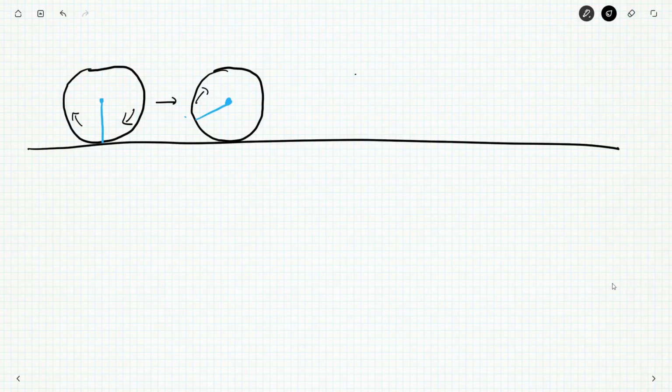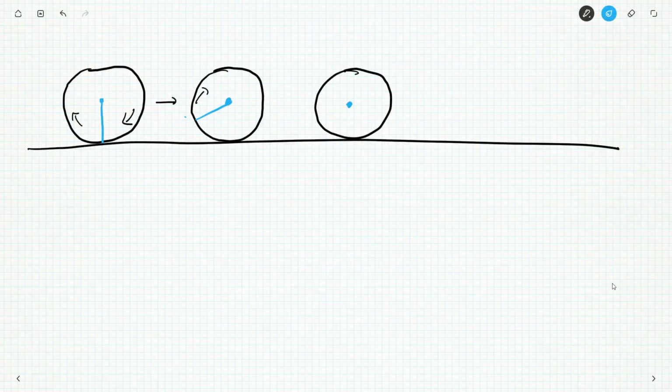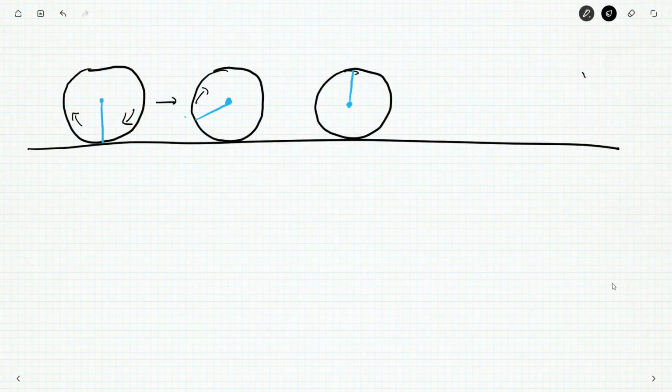Now we go a little further, and maybe we're at the halfway point. Now the marked spoke has gone all the way up. So we'll know we've gone one full rotation when we get to the end, and this spoke is back to its starting position, which is pointing directly at the ground.